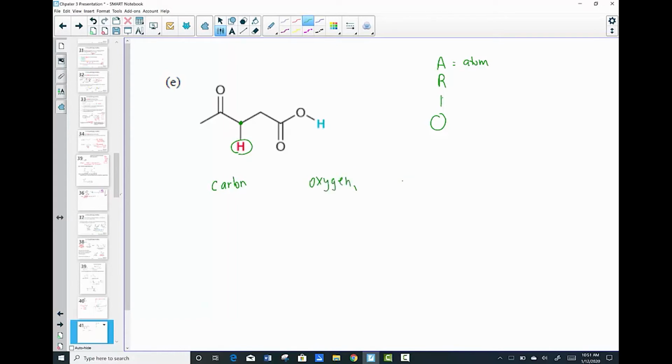The atoms are different. They're in the same row, and so therefore, size is not going to be an influence. Size would dominate over electronegativity. So remember, if they're in the same column, we compare size. If they're in the same row, we compare electronegativity.